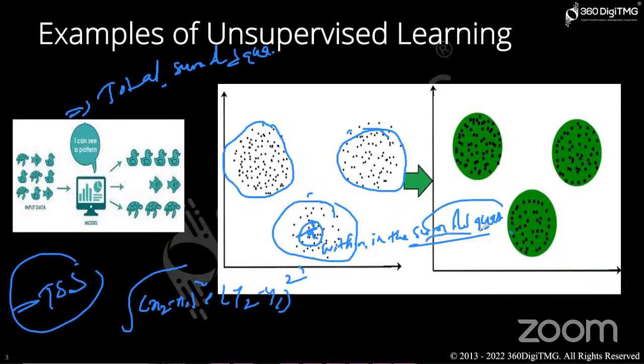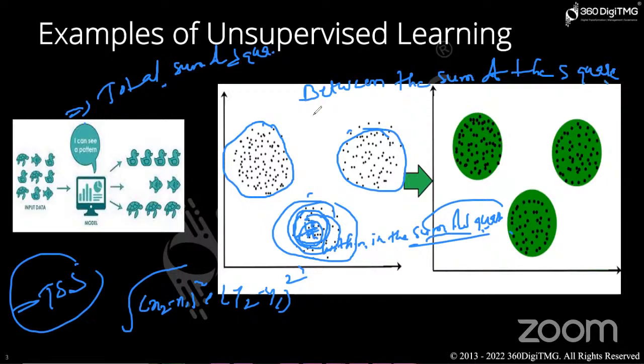So the within sum of squares should be as small as it can be. You have to make sure that the within sum of squares between the data points in one cluster is as small as possible. And we have one more thing called the between sum of squares.